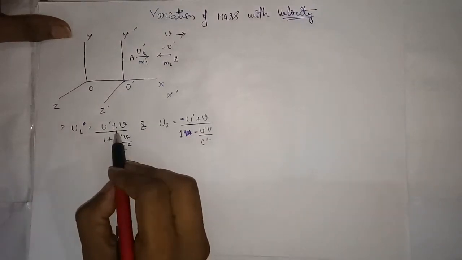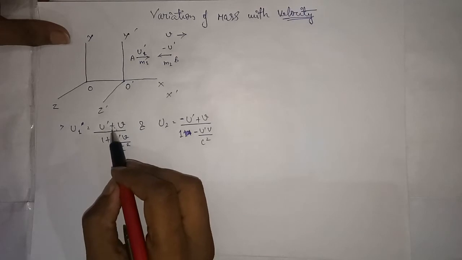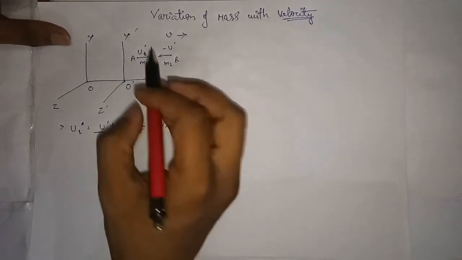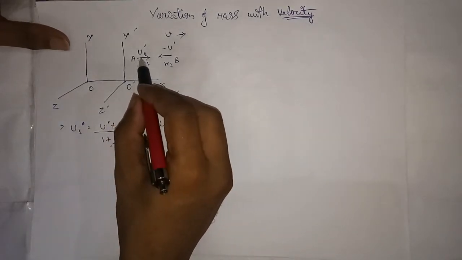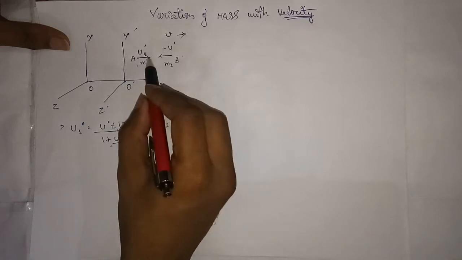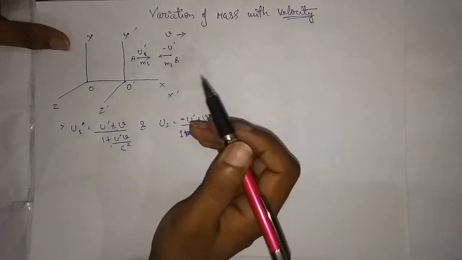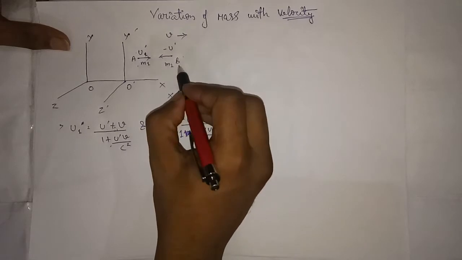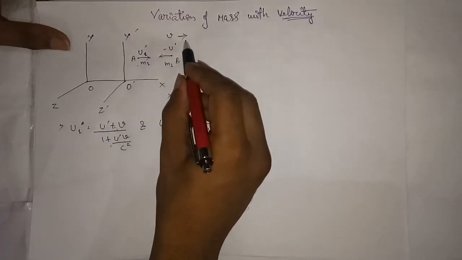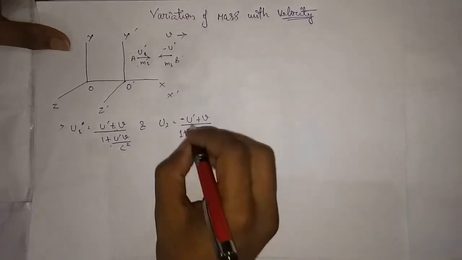We have taken positive sign in both numerator and denominator because we are talking about the particle A which is moving in this direction with positive velocity, but our particle B is moving against the velocity v, and that's why we have taken the negative sign.